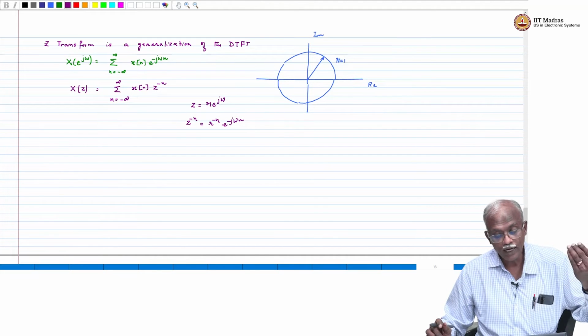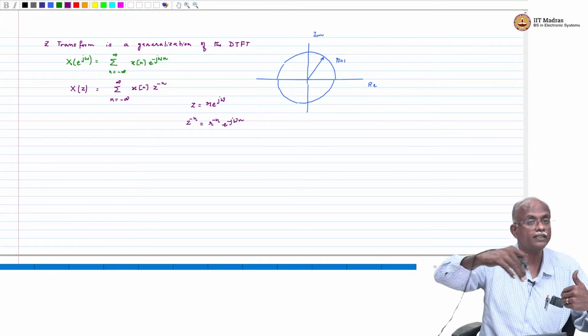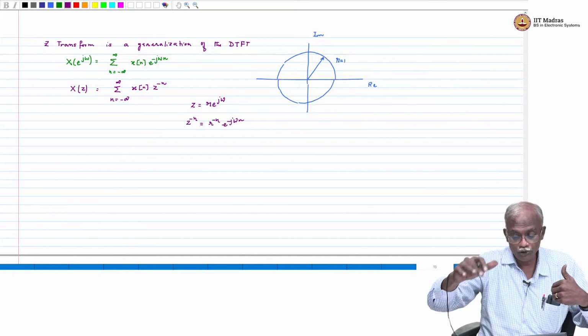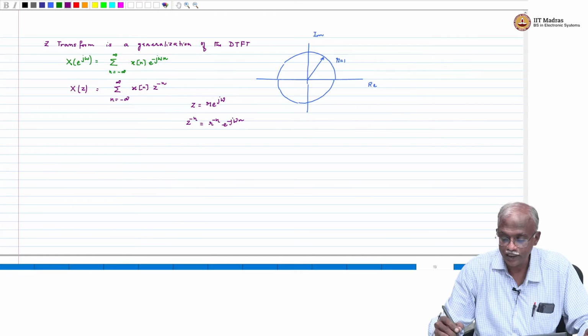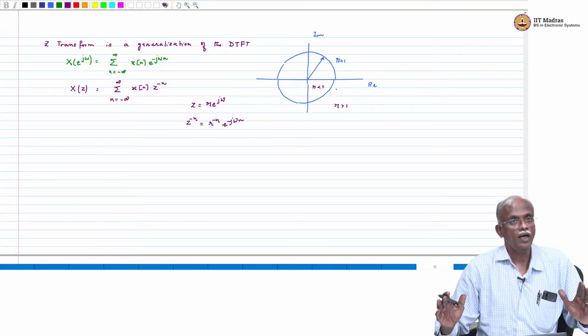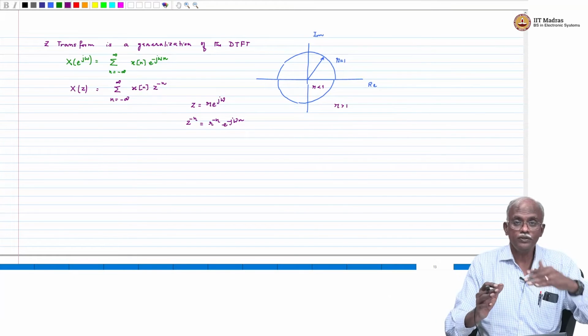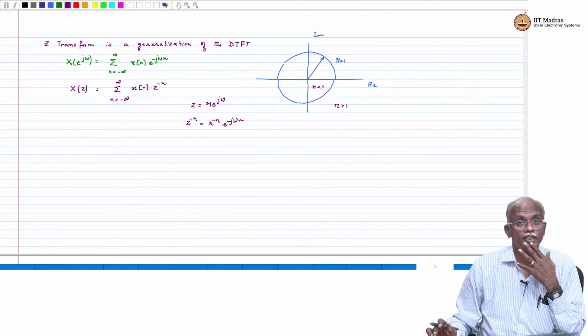You can choose r less than 1, then you will get all points inside the circle. You choose r greater than 1, you will get points outside the unit circle. This is the region where r is less than 1, and this is the region where r is greater than 1. If you want all the points, you take r less than 1, equal to 1, greater than 1, and you will get the entire complex plane.